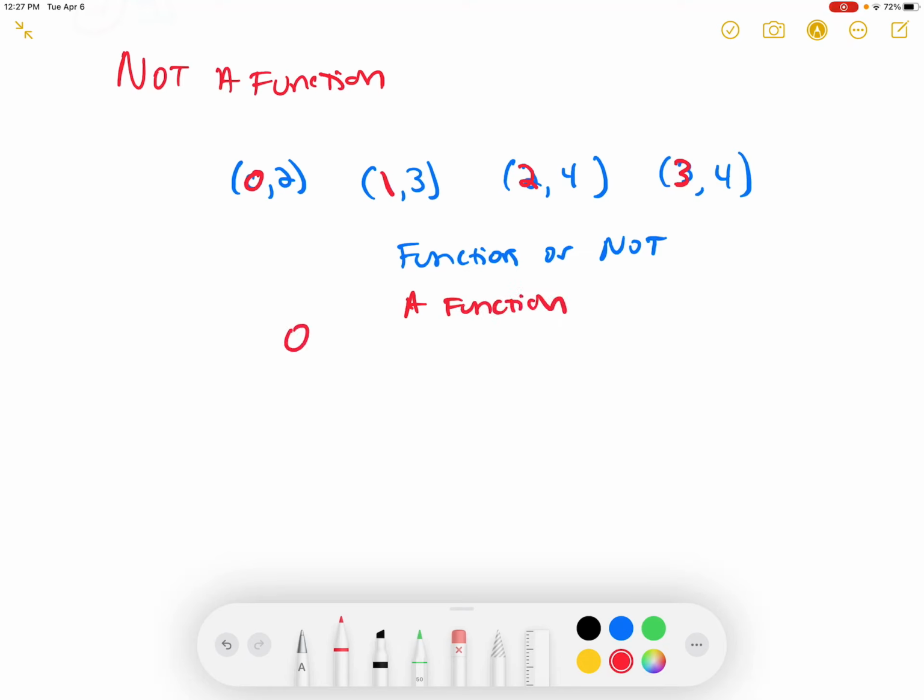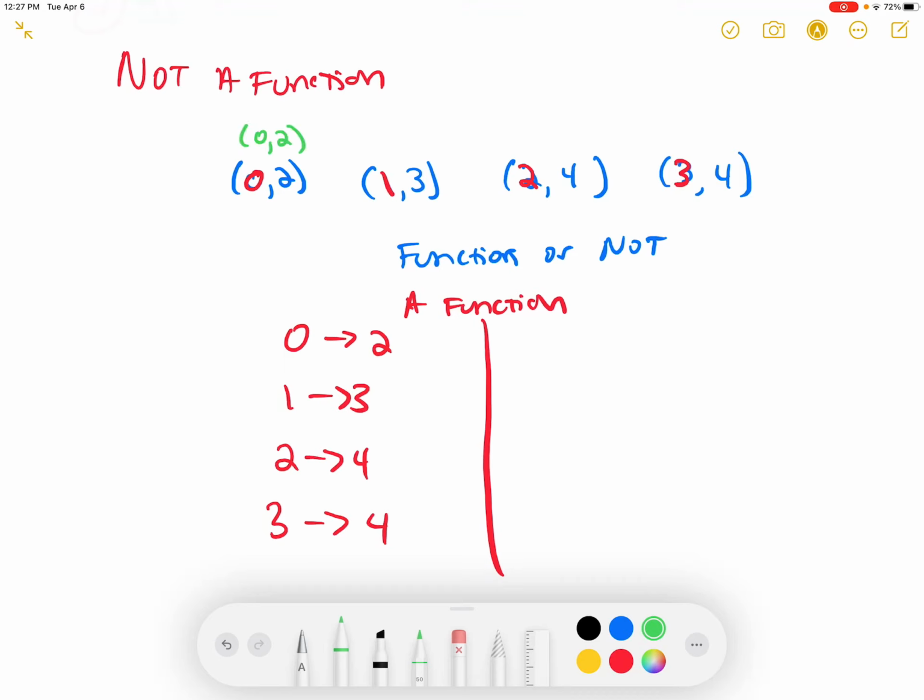And if you wrote it out like this, you would have 0 goes to 2, 1 goes to 3, 2 goes to 4, 3 goes to 4. Now here's what would make this not a function. Watch this. Let's say it was 0, 2, 1, 3, 2, 4, and, well, let's not do 2, 4 twice.